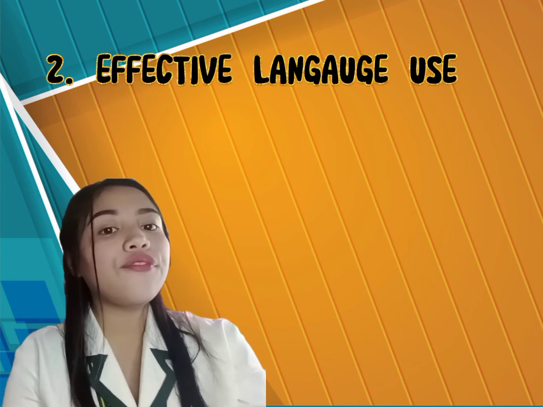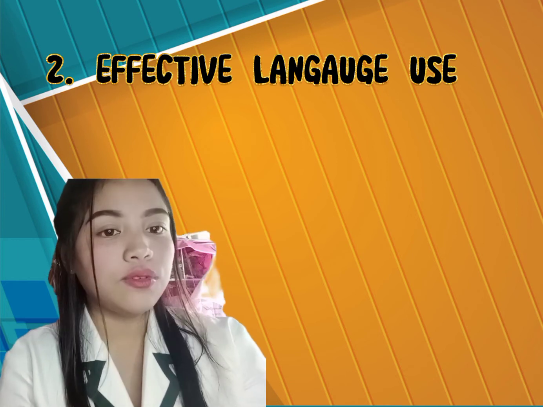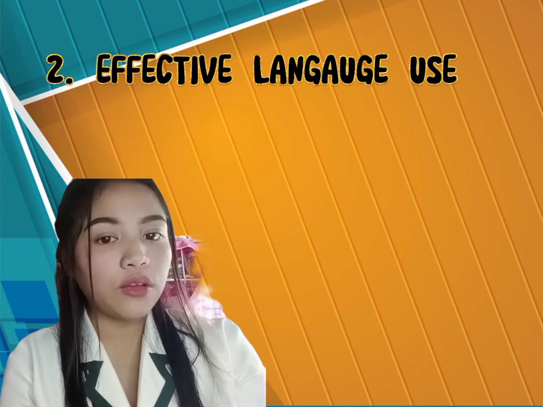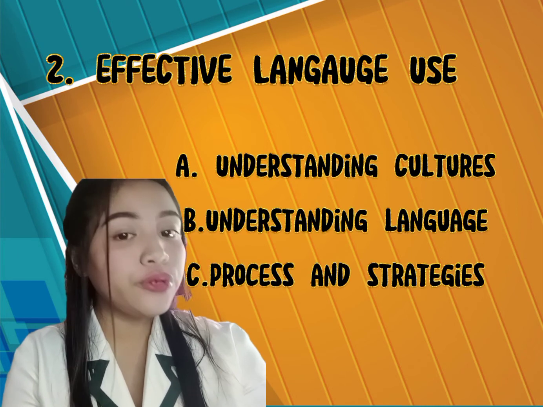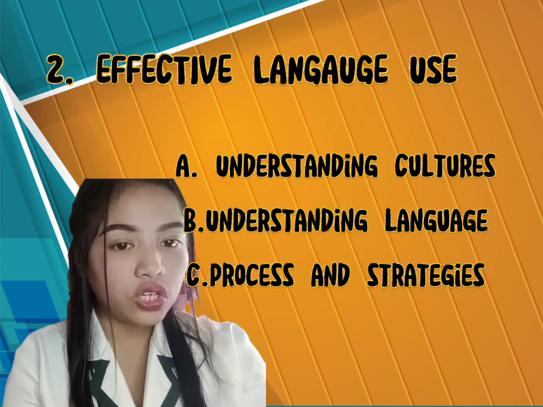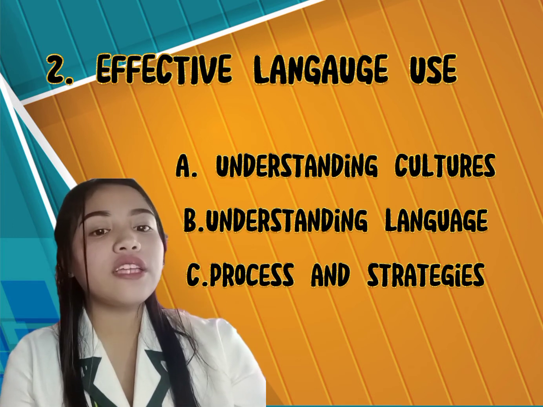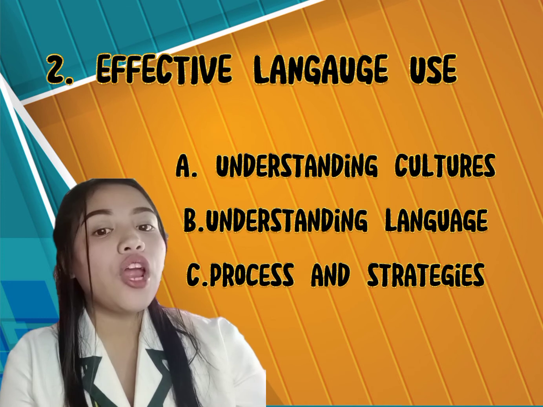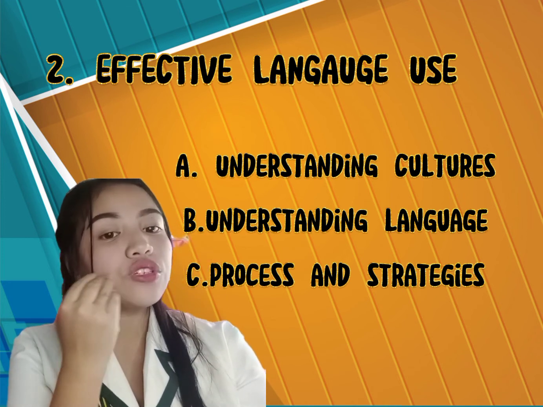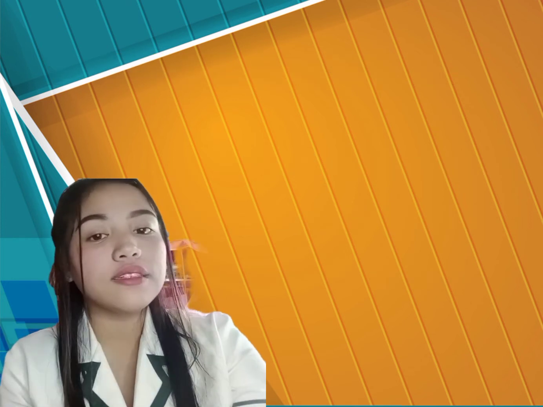Two, effective language use. There are three major applications to the macro skills of language: understanding cultures, understanding language, and processes and strategies. They are described as the knowledge and skills areas which are essential to effective language use, demonstrated through the language macro skills.